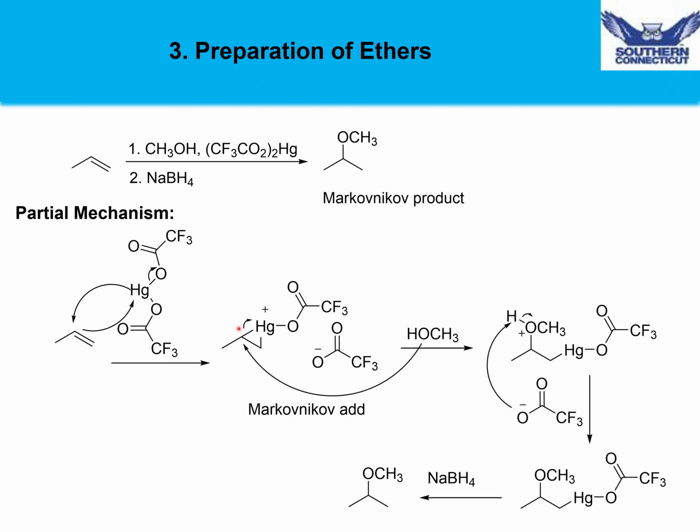There is more of a concentration of a positive charge there, so that is where the methanol adds. In the next step, this hydrogen from the methanol is removed by a base in the reaction. We could use, for example, the trifluoroacetate, which was eliminated in the first step of the mechanism.